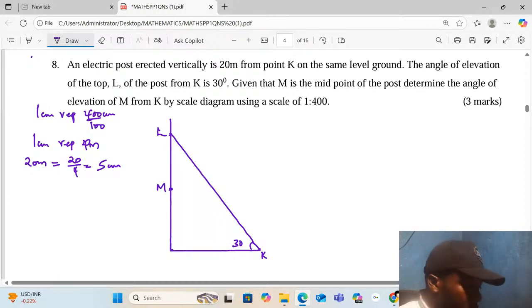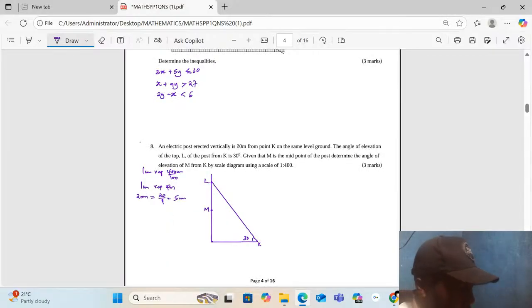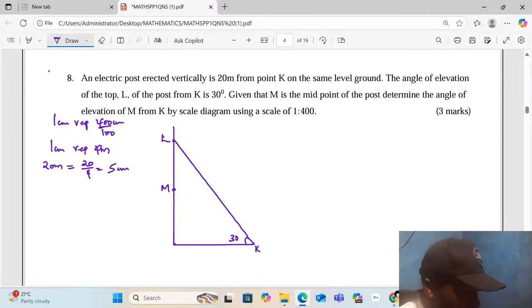You connect M to the base K, the point K. You connect M to K that way, so that you measure the new angle of elevation.